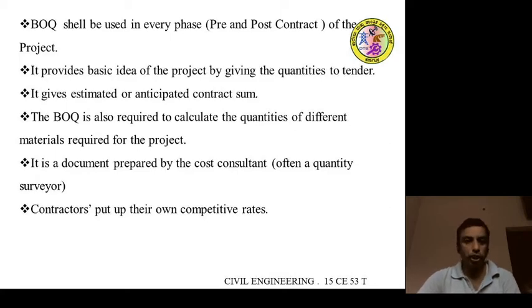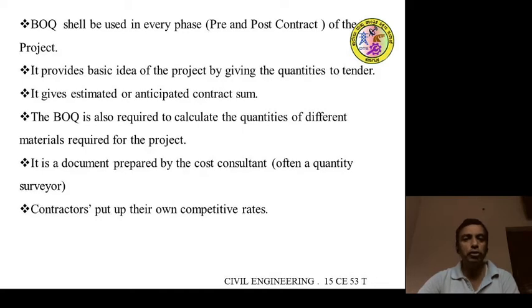the idea of the project. It gives the estimated or anticipated contract sum. It means it will give the total cost of the project. The total cost, or anticipated or probable cost, will be known by the contractor or owner.